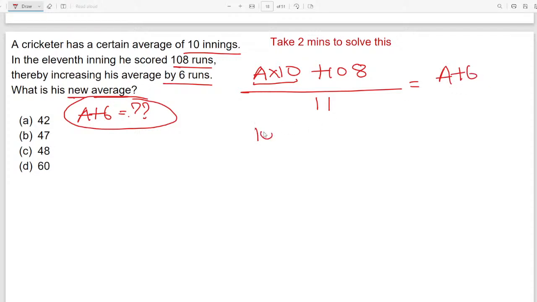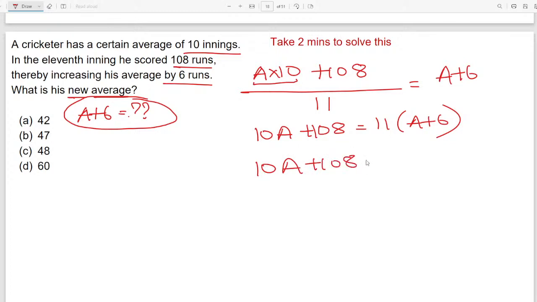So we have 10A plus 108 is equal to 11 into A plus 6, and 10A plus 108 is equal to 11A plus 66.